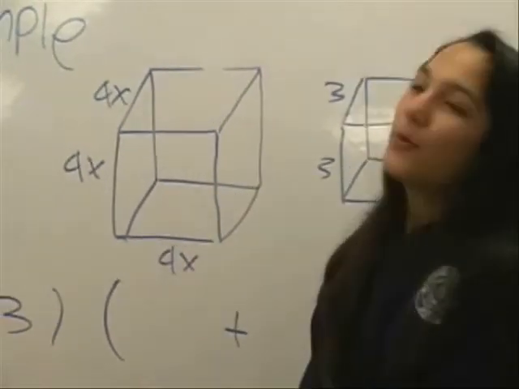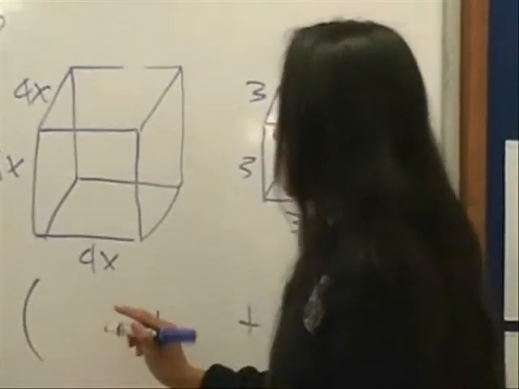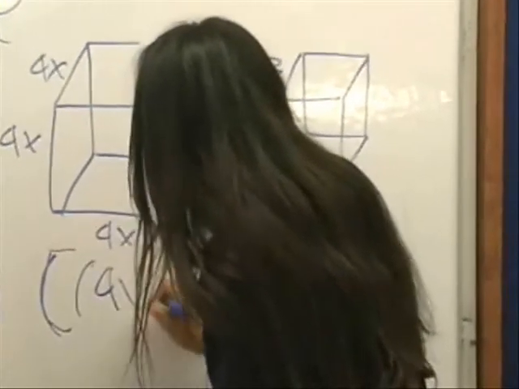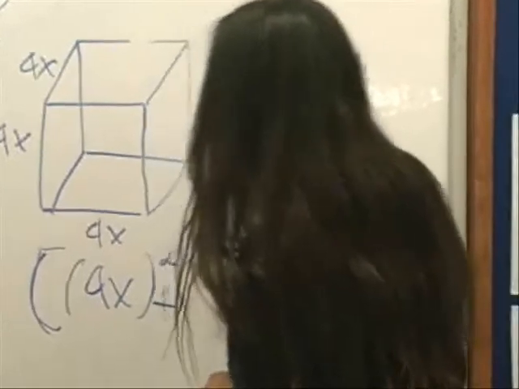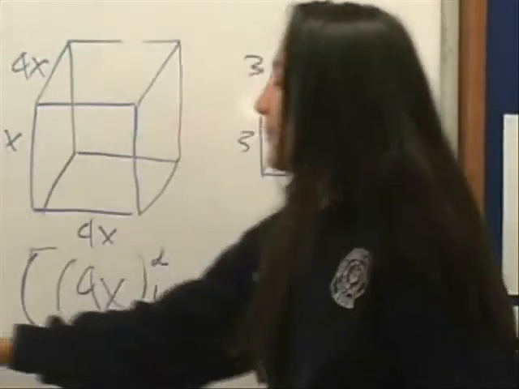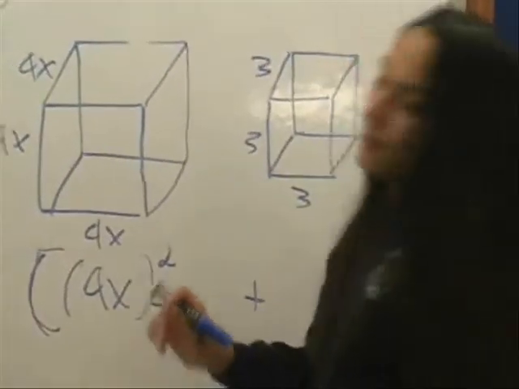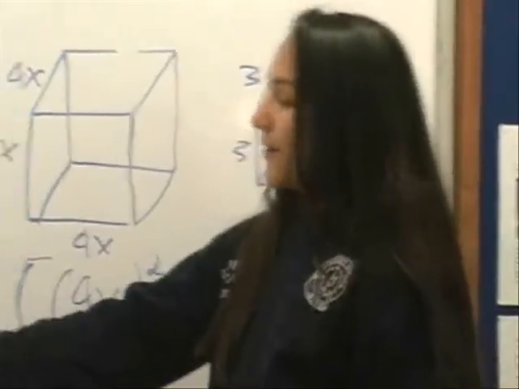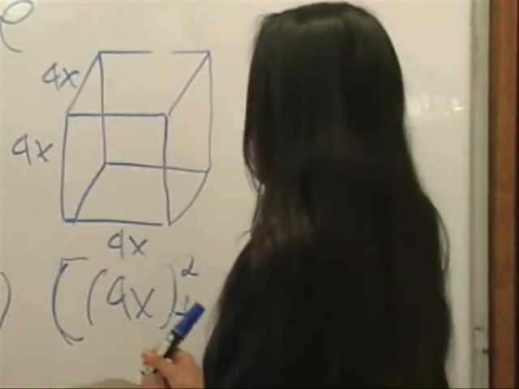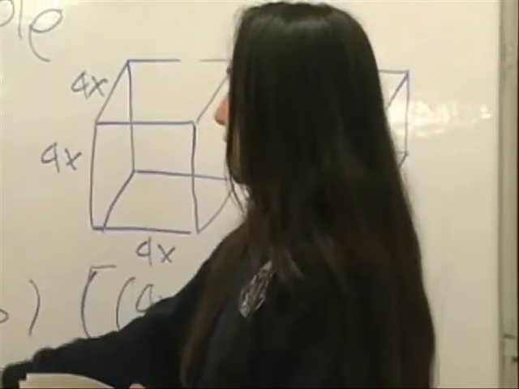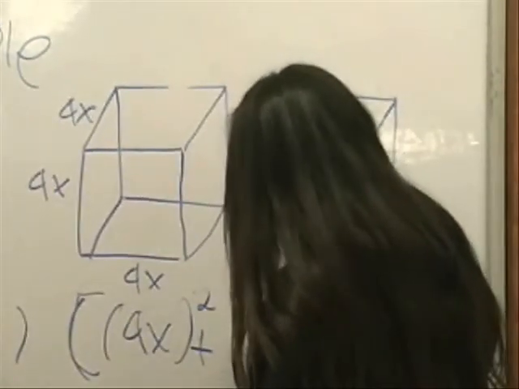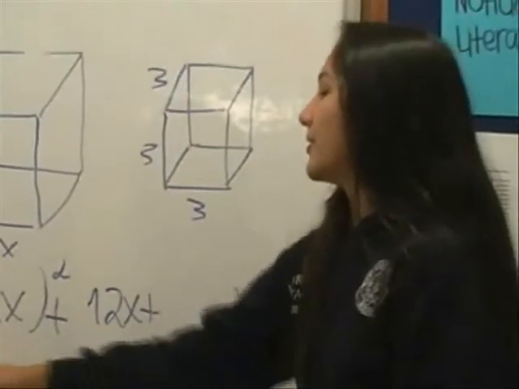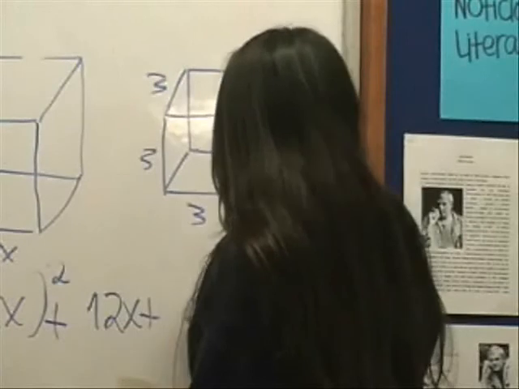Okay, so then we put the first term to the power of 2. So it will be like this. Then we multiply the first term by the second term. And we first multiply the numbers and the variables. So this will be 12x. And then we put the second term to the power of 2.